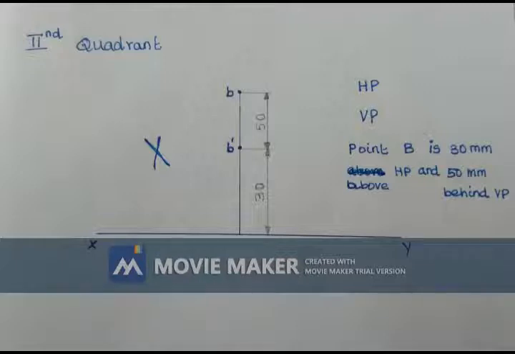That distance you can identify only in the top view, and the 30 mm above your horizontal plane, that you can see in the front view. If it is above the horizontal plane by 30 mm, that distance you can view in the front view. So you have to represent 30 mm in the front view and 50 mm in the top view, right?